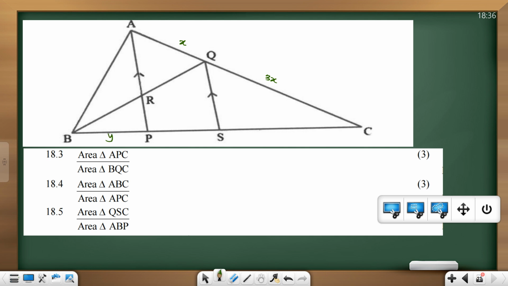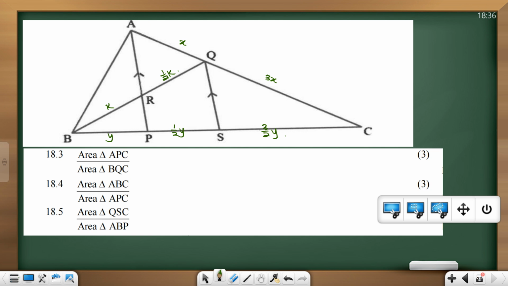This is y, this is half y. 3 over 2y. I think that's all that we need. And we got this one as k. We can change it now. And this will be what? 1 over 2k. Okay, there we go.